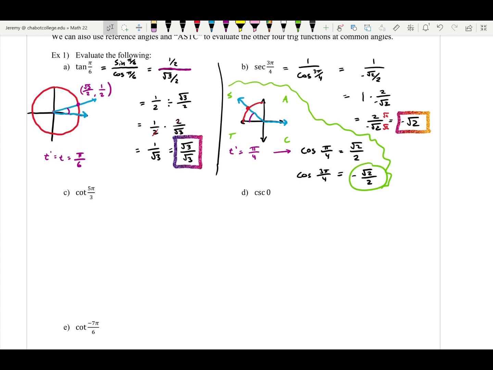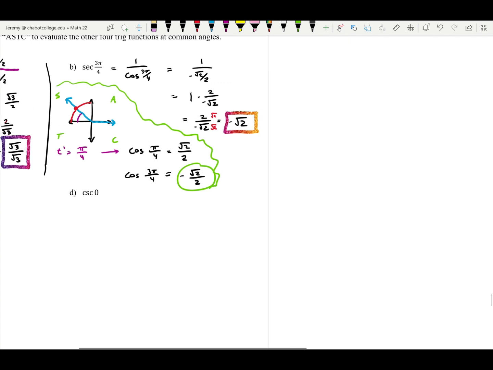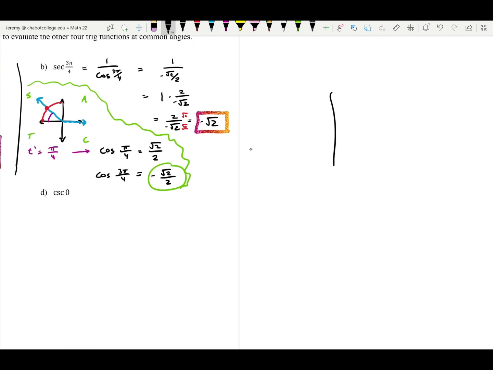One other note about the all students take calculus thing: if we're dealing with secant, since I know that secant is the reciprocal of cosine, the sign of secant and the sign of cosine are going to be the same. So this kind of gives us an alternate all students take calculus for the other trig functions. All of them are positive here.